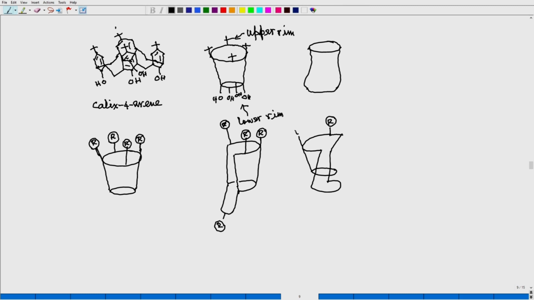Or R, and then R, R. This is called 1-2 alternate.